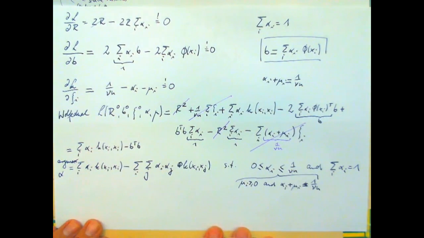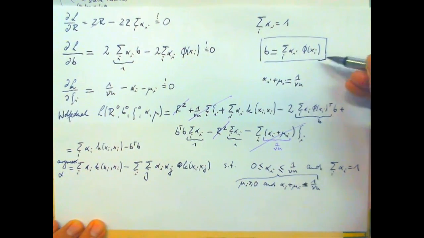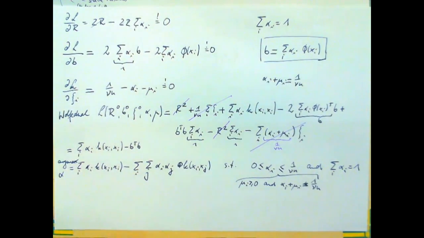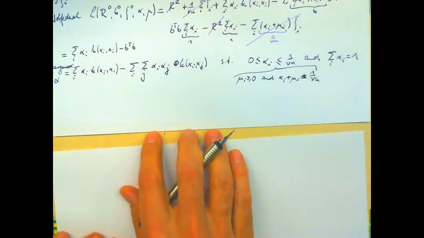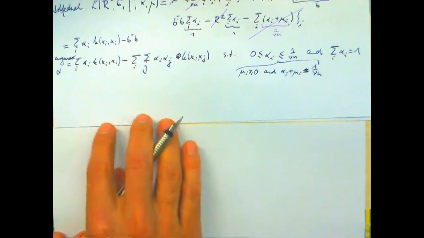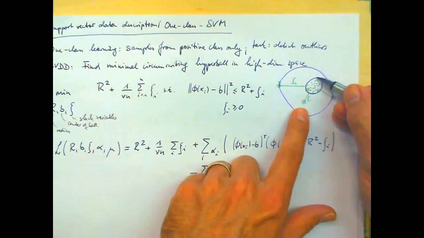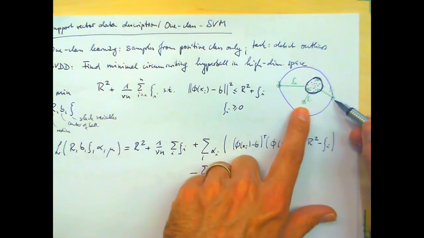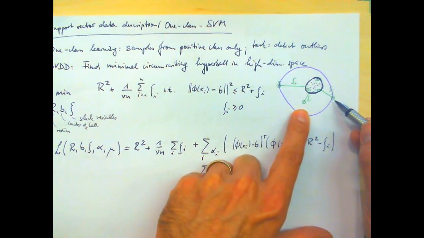Once we have found the alpha, we can, by this equation, find B, and we still need to find R also. And to find R, remember that the support vectors that really lie outside the margin, so if I take this as the solution here, then the support vectors outside the margin will have the maximum values for the Lagrange multipliers.